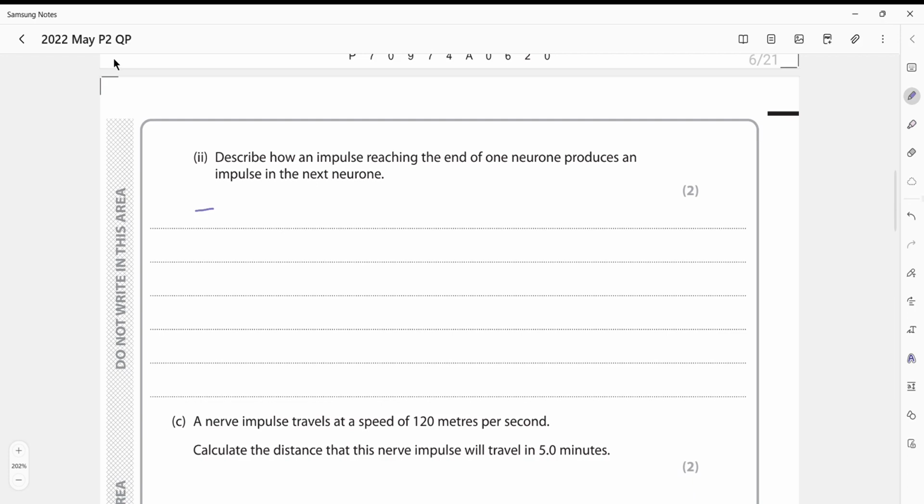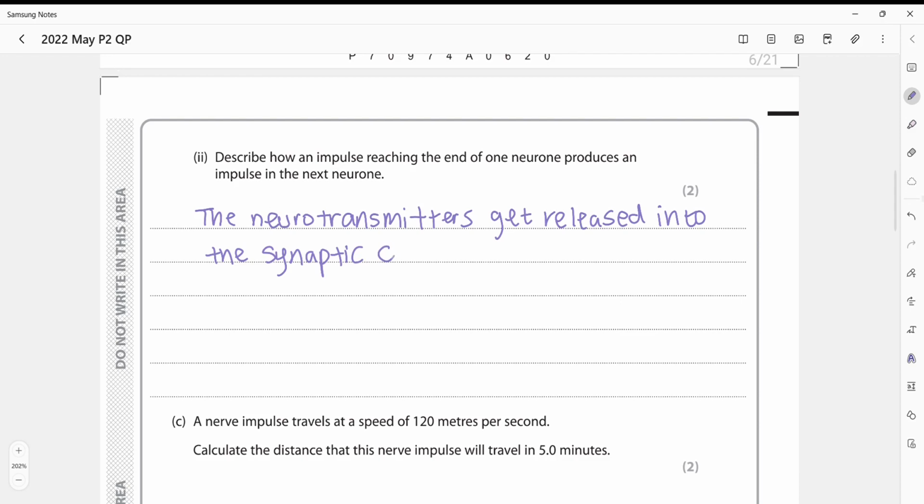So what happens is that the neurotransmitters get released into the synaptic cleft and diffuse to the next neuron.